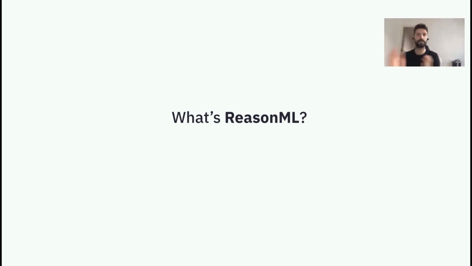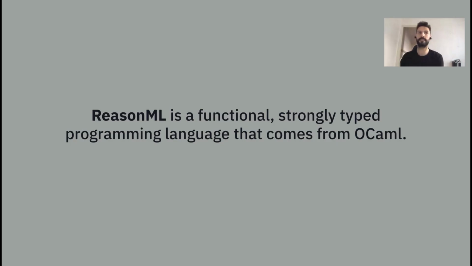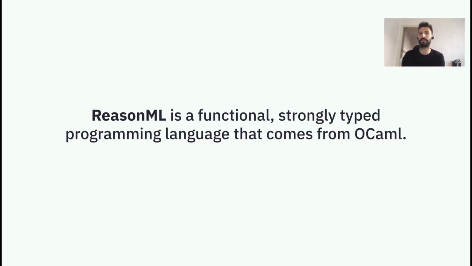let's start. First of all, if somebody doesn't know ReasonML, it's a language developed by Facebook. It's a functional, strongly typed language that comes from OCaml. ReasonML has 2 to 3 years of life, and tends to be described as a better JavaScript since it compiles to JavaScript.